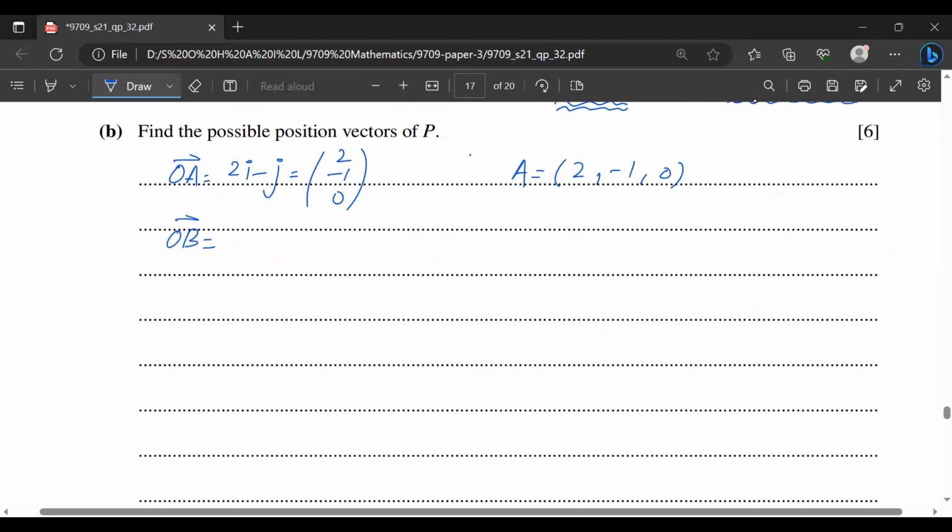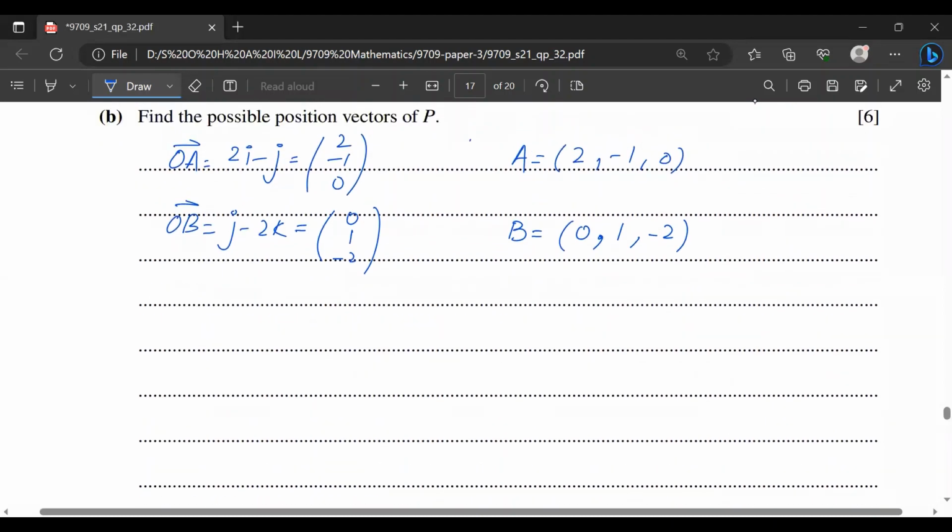OB is the vector given, j minus 2k, which means 0, 1, minus 2. So if the position vector of B is 0, 1, minus 2, point B has the coordinates 0, 1, minus 2.